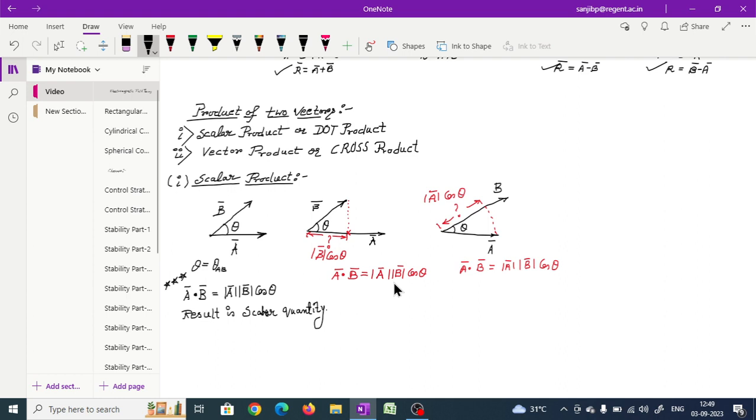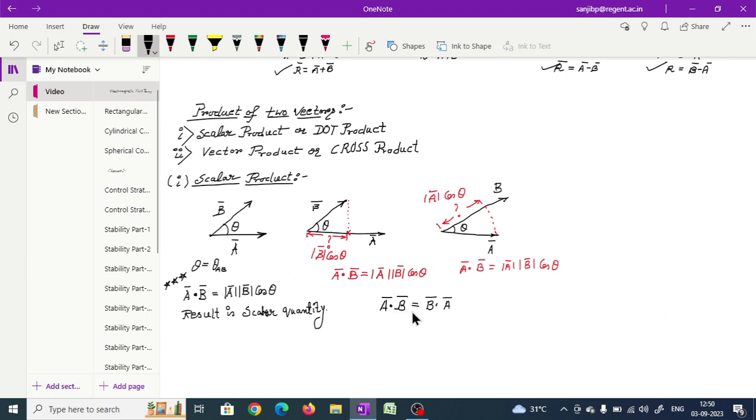And second, if we consider A dot B or B dot A, in both cases you will get A B cos theta or B A cos theta, both are the same, because in both cases you will get the magnitude only. There is no need to mention the direction, so it is quite enough to remember that a dot b equals b dot a.